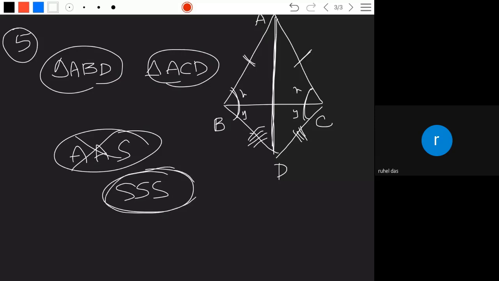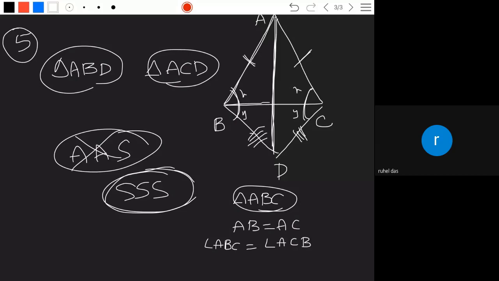The other way is to take triangle ABC into consideration. In this triangle, it is given that AB is equal to AC. Then what can you say? Angle ABC is equal to angle ACB. I am showing you with another color.